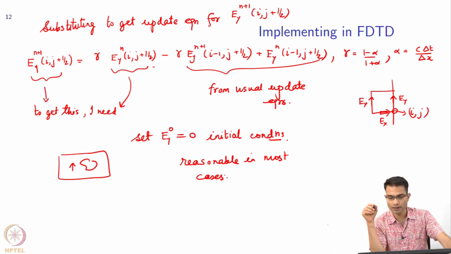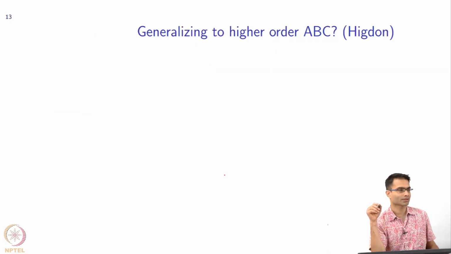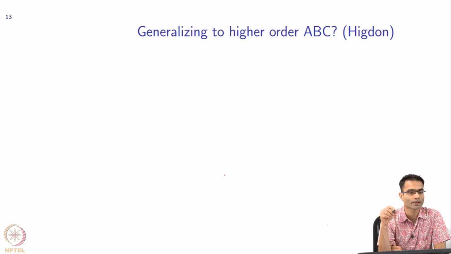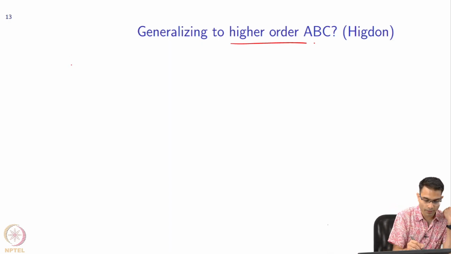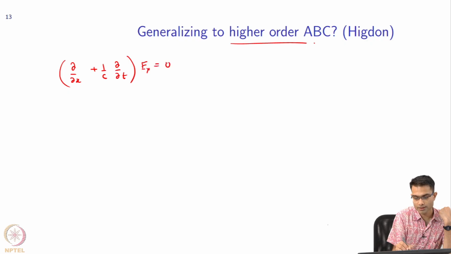If this is clear, then to conclude this module, I will just mention one very simple way of making your boundary condition accurate for higher order. What was the boundary condition that we had imposed first? d by dx plus 1 by c d by dt of Ey is equal to 0.